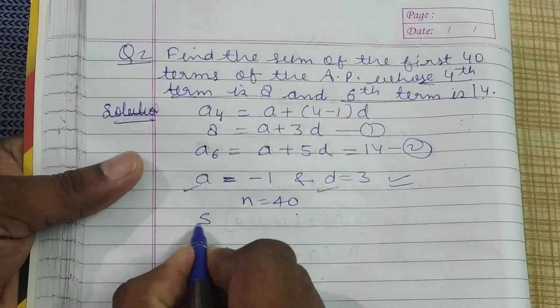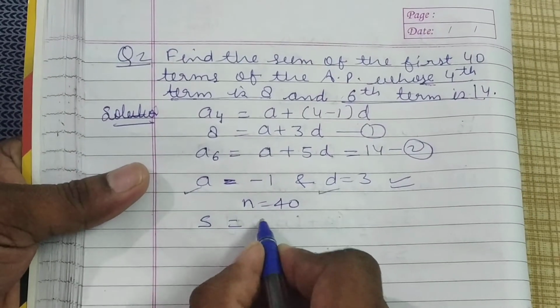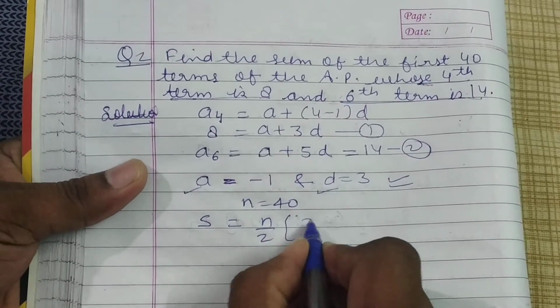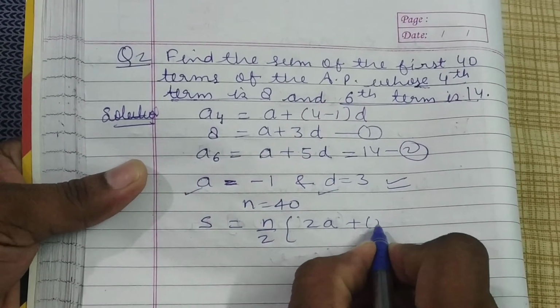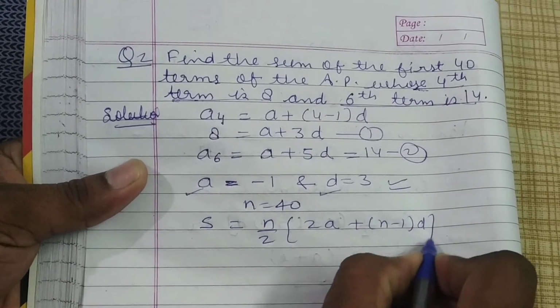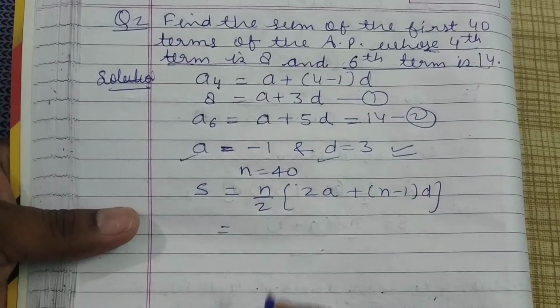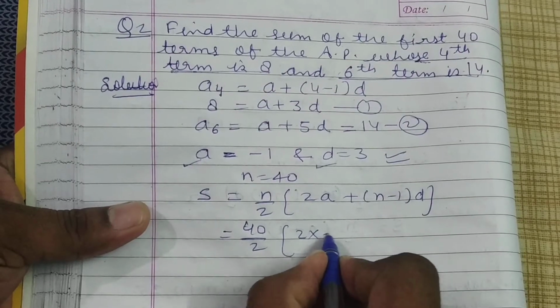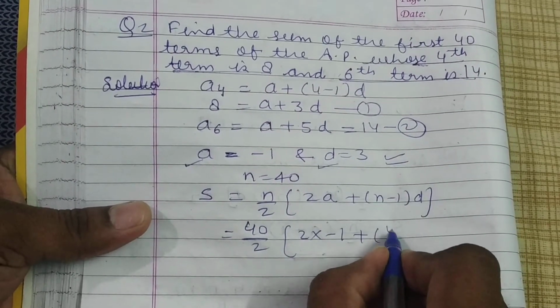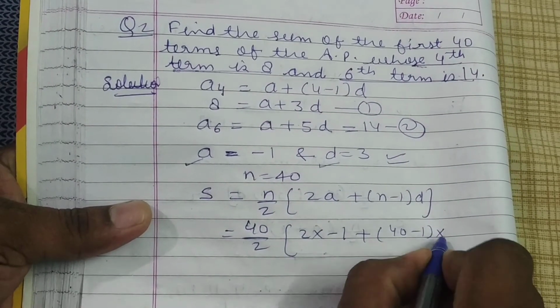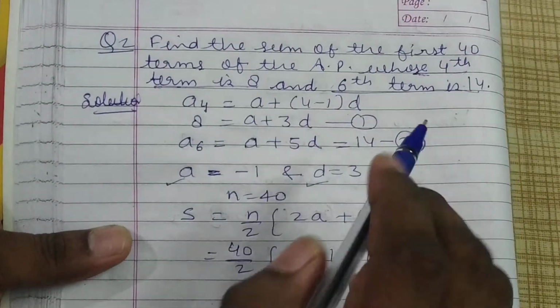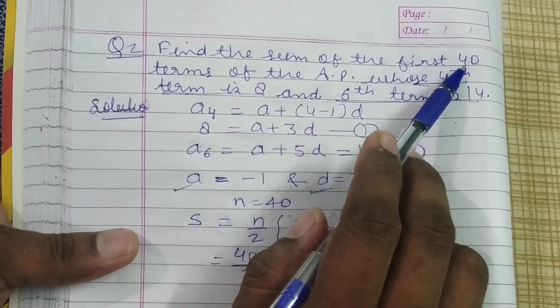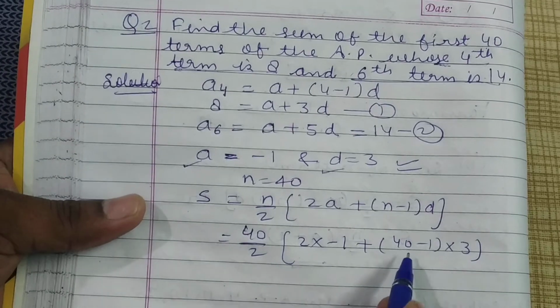Then you can apply the formula for the sum of n terms, which is n upon 2 times (2a plus n minus 1 times d). You have to substitute the values only and you will get the answer. 40 by 2 times (2 multiplied by the first term plus 40 minus 1 multiplied by d). Since you have to find the sum of the first 40 terms, you put n equals 40 here.